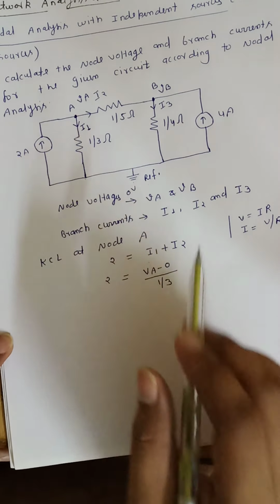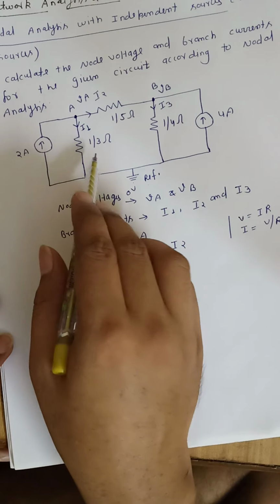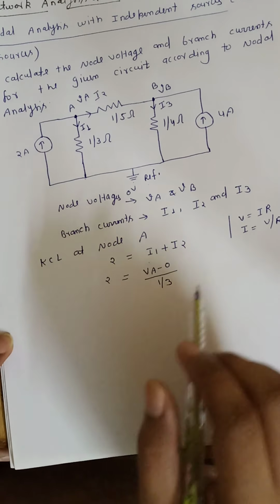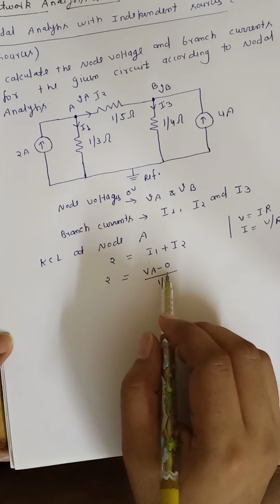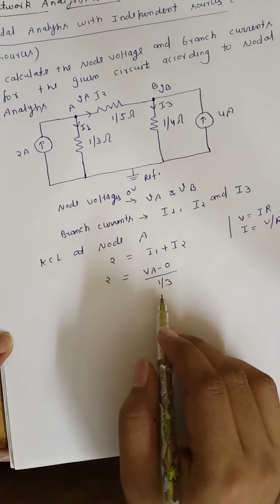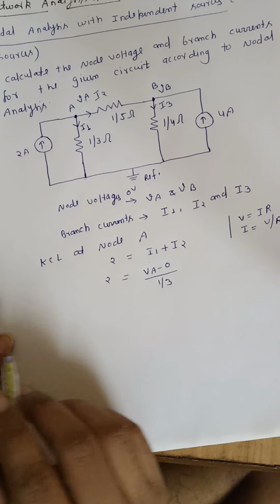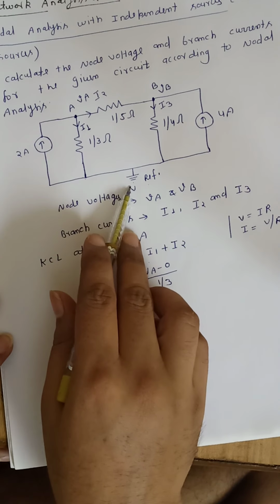So the potential difference becomes VA minus 0. R is 1/3 ohm, that's why I becomes V over R, meaning VA minus 0 divided by 1/3.